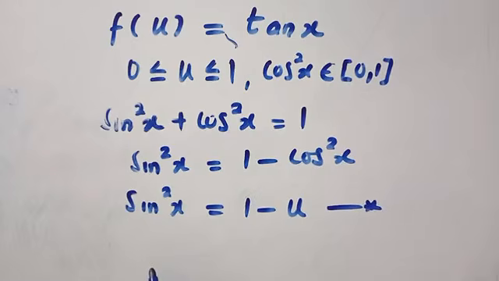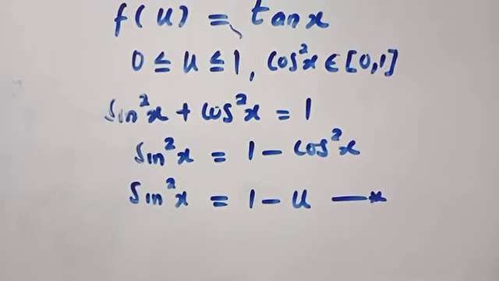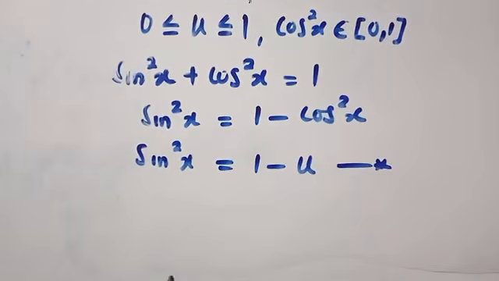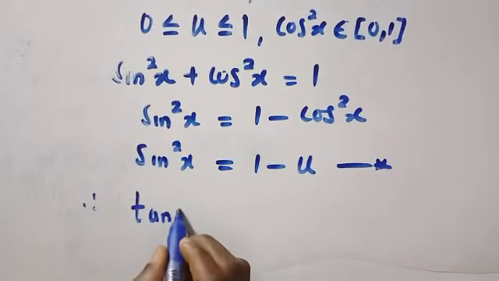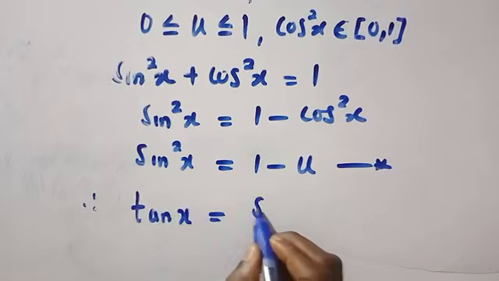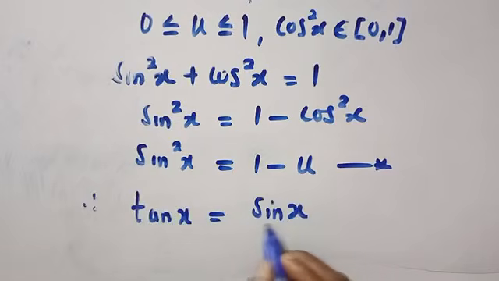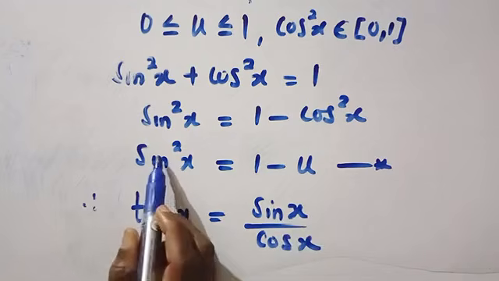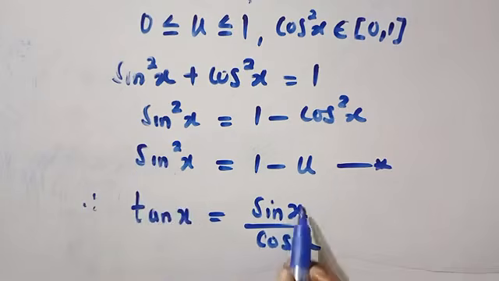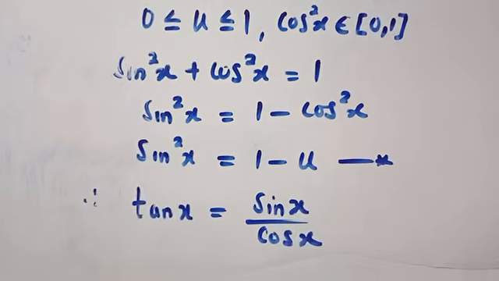In the third step, we want to express tan x in terms of u. To achieve that, we recall from the identity of tan that tan x is given as sin x divided by cos x, where we have sin²x here and we only have sin x.